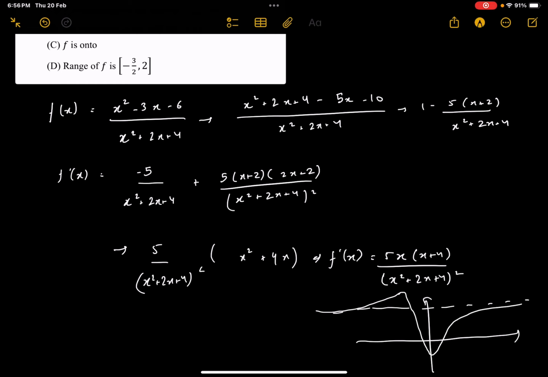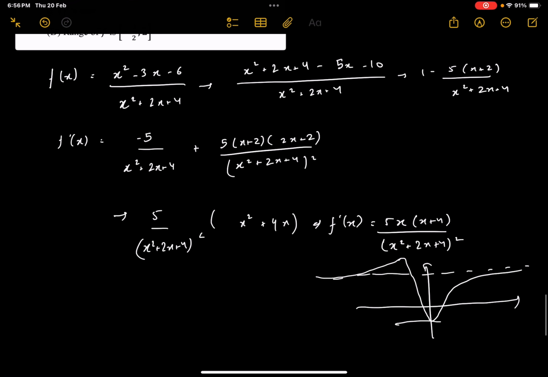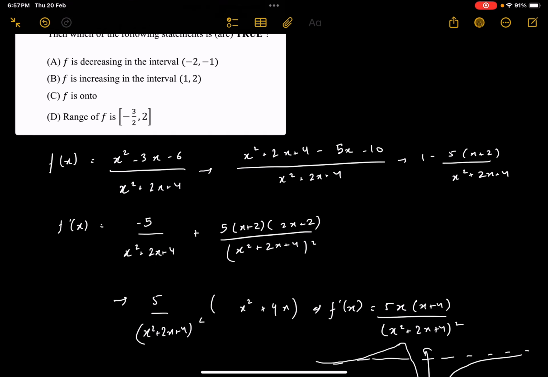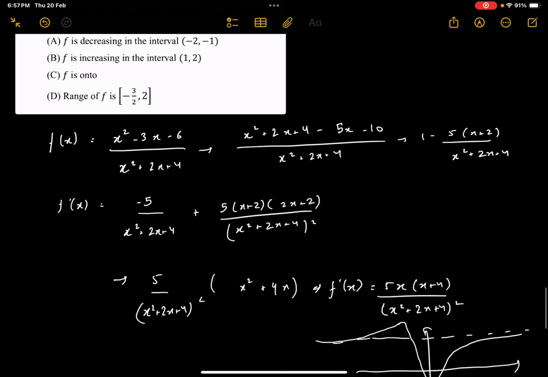So this is something like this graph. So anyways, there is a minimum at 0, so it's not onto, and the range will be f0 to f of -4.